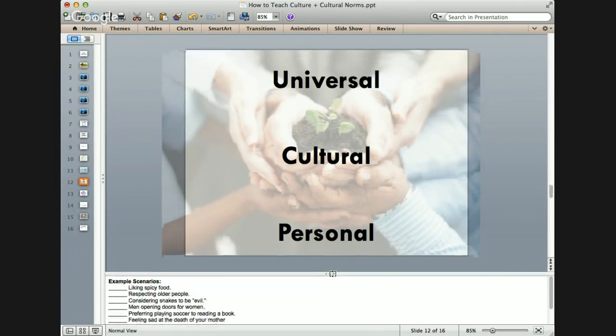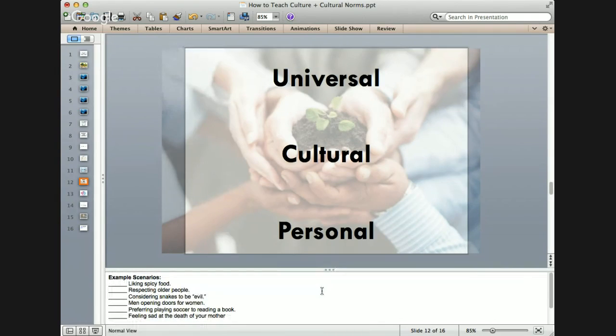But it's good to be thinking of what those examples might be in the context of your summit. So for example, at IDDS Amazon, I might throw out an example like valuing the earth. Is that universal, cultural, or personal? And then just letting people break up and see what they think.